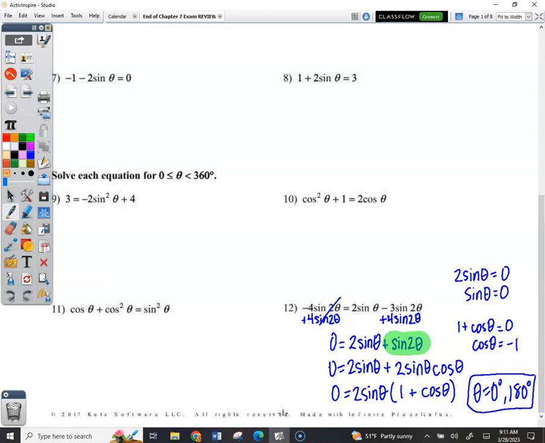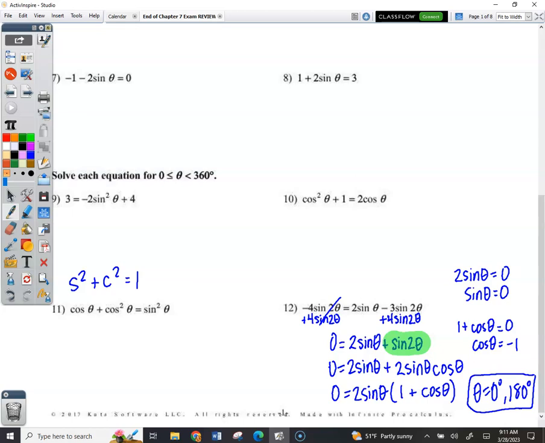Because I already have a single cosine, I didn't want to do anything with the cosine squared, because they're the same trig function. So I took the sine squared and I changed it. I substituted from your Pythagorean identities. If you recall, sine squared plus cosine squared is 1. So if you shuffle that over, what am I shuffling?